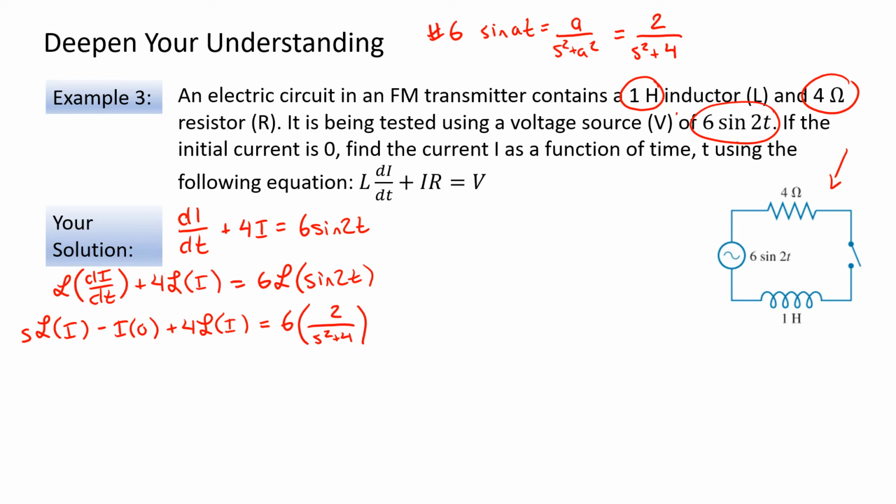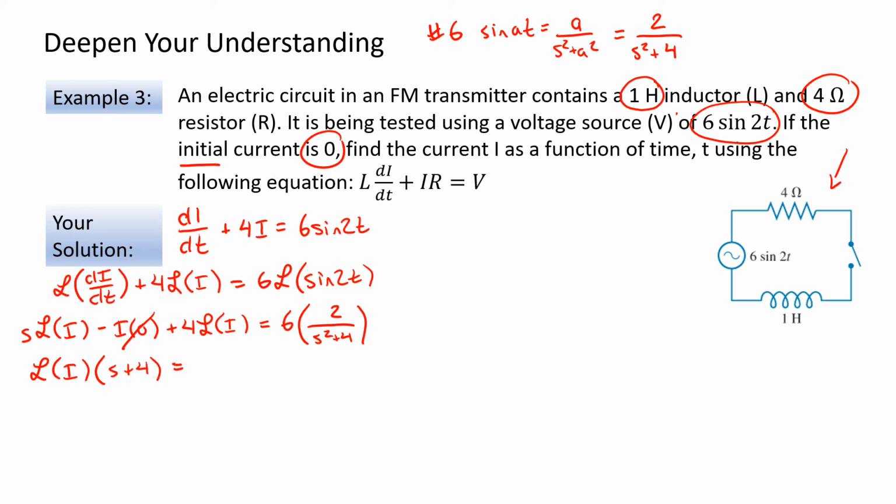So I'm going to do the same things here. First, we know the initial current is 0, so that term will cancel. On the left-hand side, we just have two terms remaining. Both have the Laplace transform with them, so we can factor that out. We have the Laplace transform of I times what's remaining, which is s plus 4.